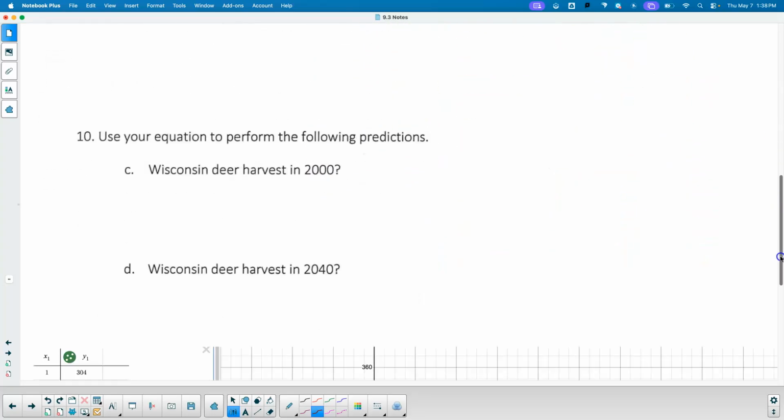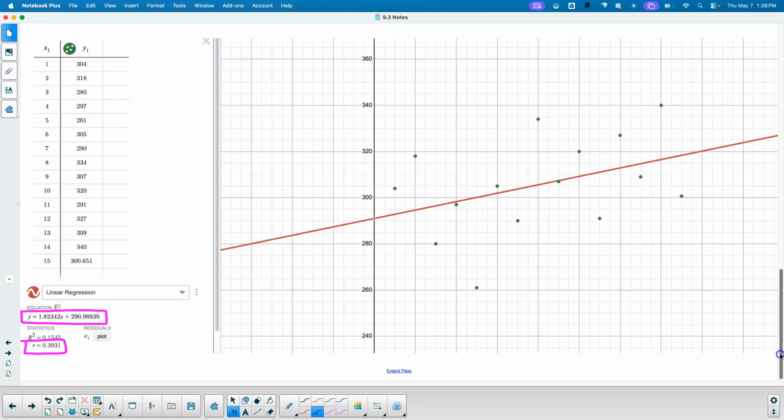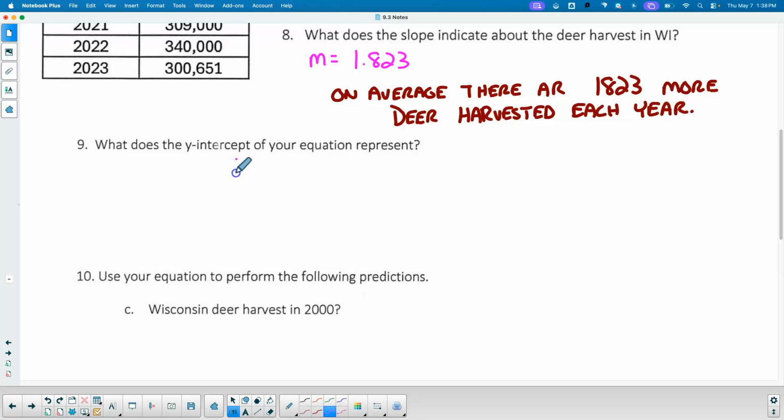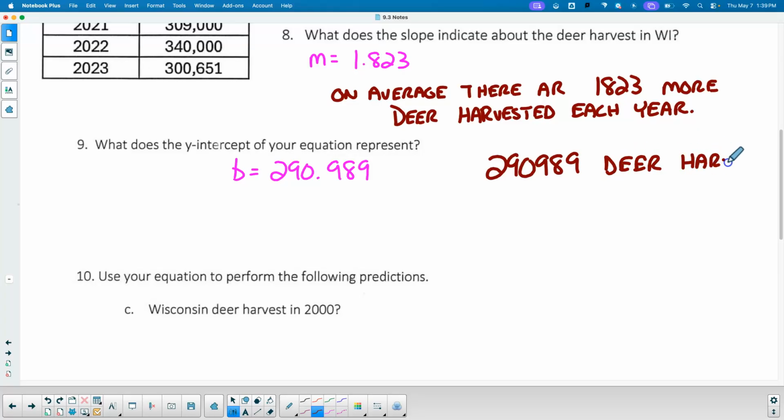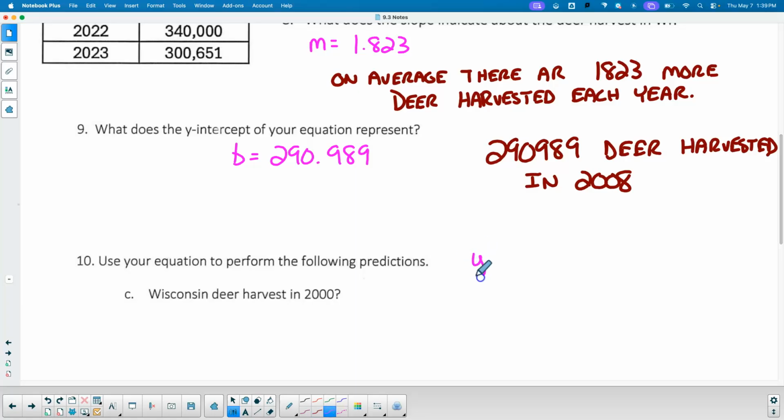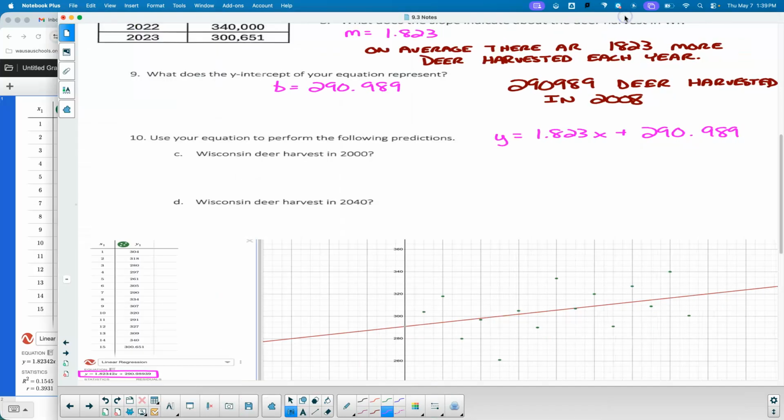Our y-intercept was 290.989. Which means that there were... 2000 is going to be what again? What's my x value? -8.